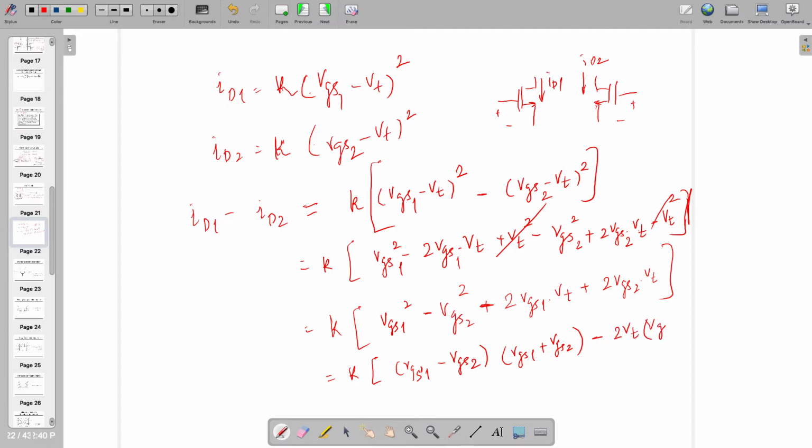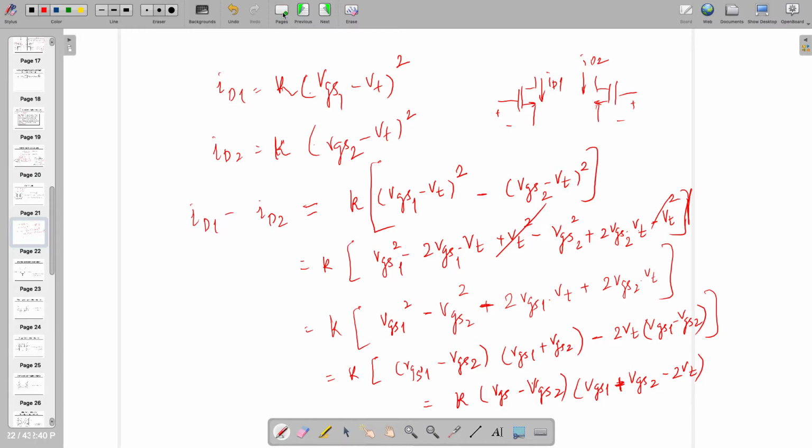That is going to give me K times (VGS1 plus VGS2) times (VGS1 minus VGS2 minus 2VT). No, this has to be minus and this has to be plus, right? Are you getting the same result?